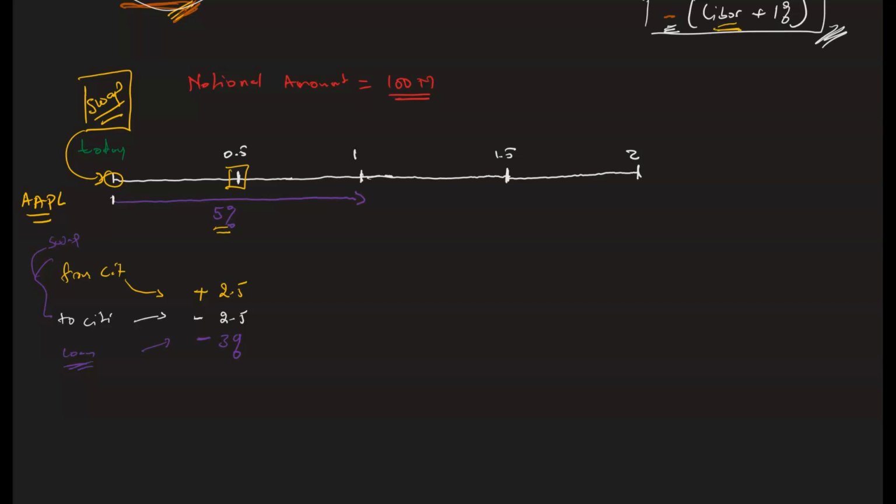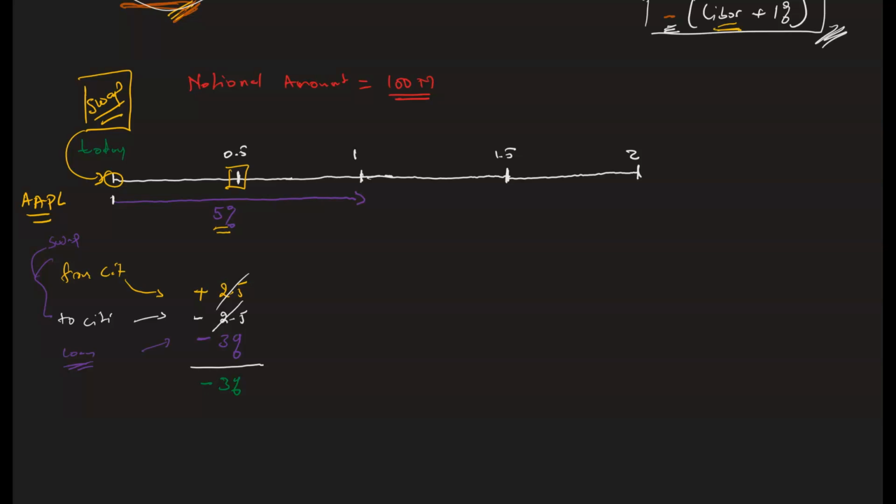So what is the net outcome for this organization? Well, the net outcome is going to be plus 2.5% minus 2.5%. These cancel each other. So the net outcome is going to be minus 3%. And so the minus 3% here is going to be the amount of money that we will be paying on our notional amount.